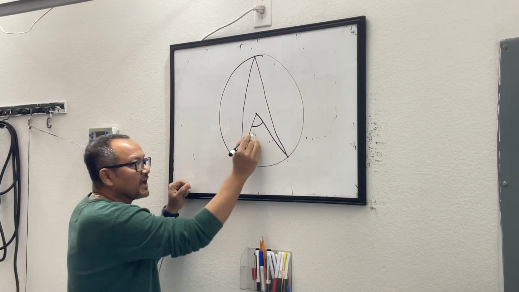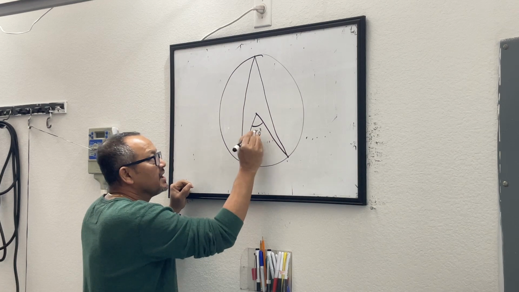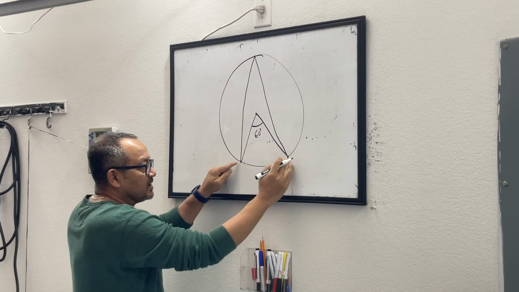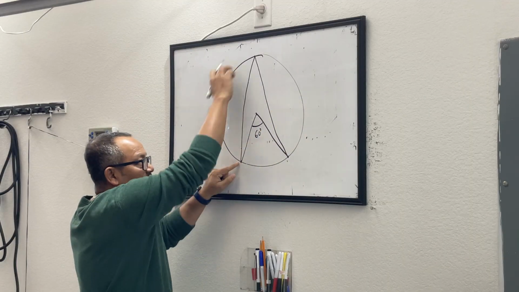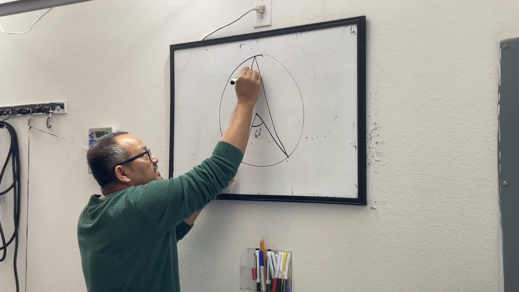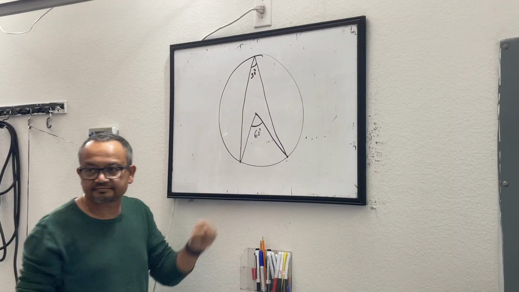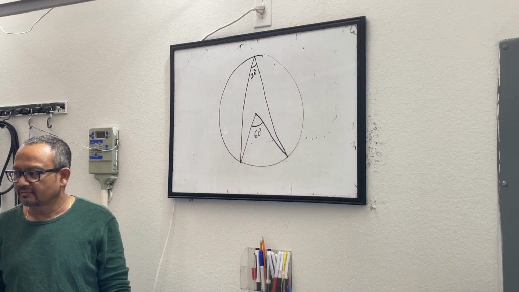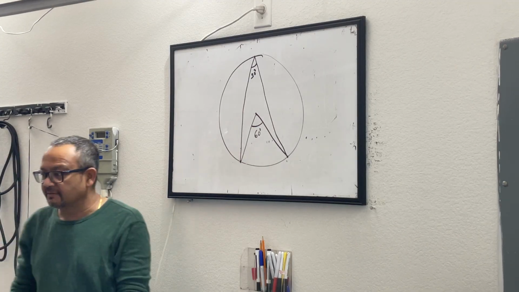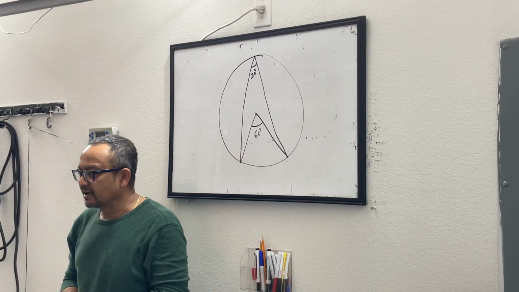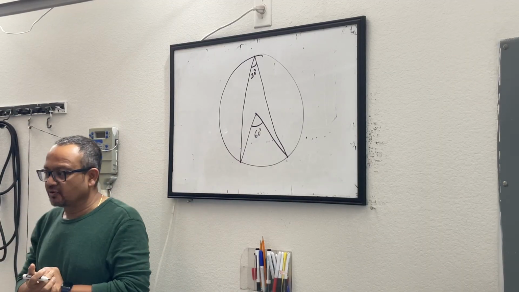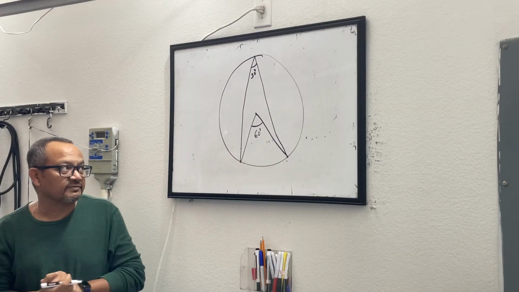So let's say this angle is 60 degrees; any point you pick around the circumference along the major arc, or the other side of this angle, this will be 30 degrees. And there's a reason for it. It's not because I'm saying so, it's based on some mathematical reasoning. And this is what we'll try proving, just to make sure that you guys have no doubt.